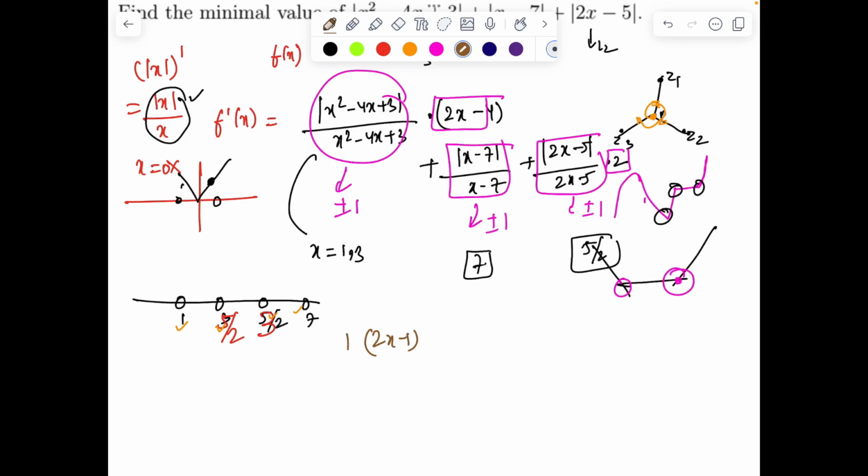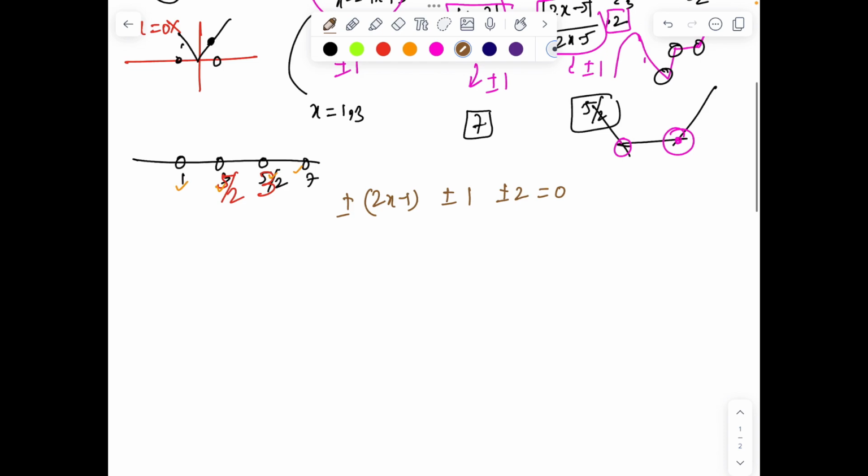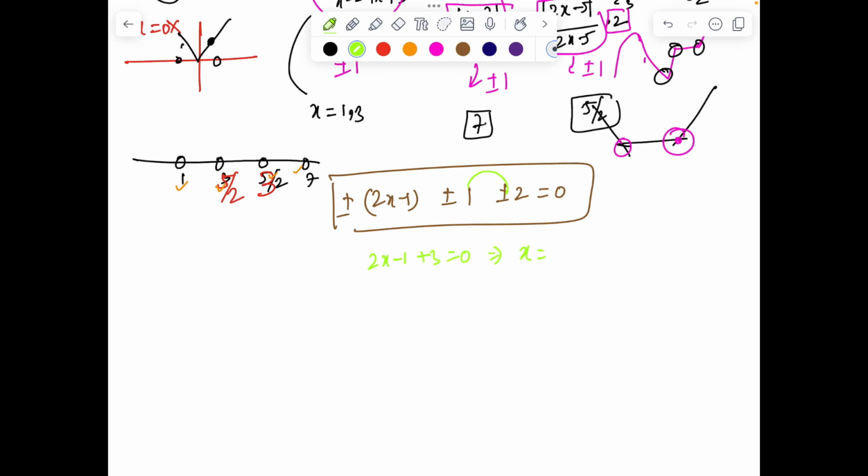So I know there is a plus minus 1 combination of 2x − 1, and we have plus minus 1, and this term is plus minus 2, so that should give 0. Let's play a little bit to see how many critical points we'll get. If I take 2x − 1 with 1 and 2, that's going to give me 3, so it will give x equals −1. So that's another critical point.